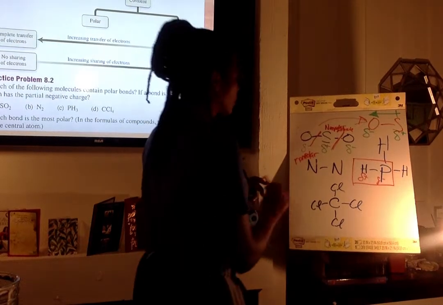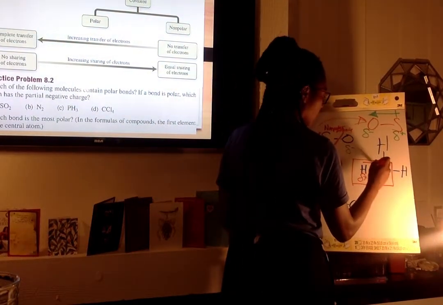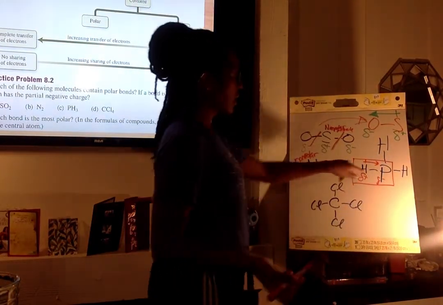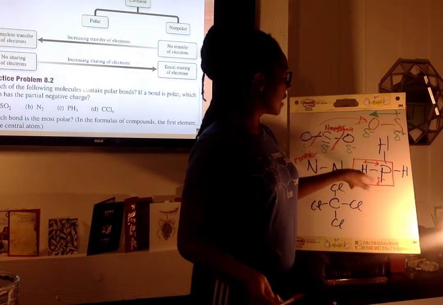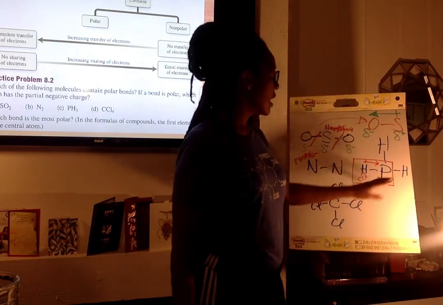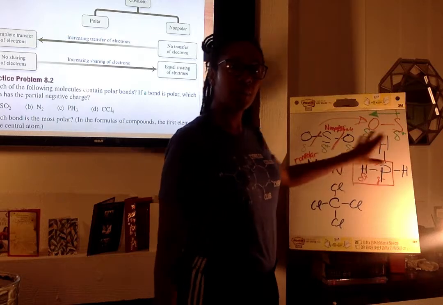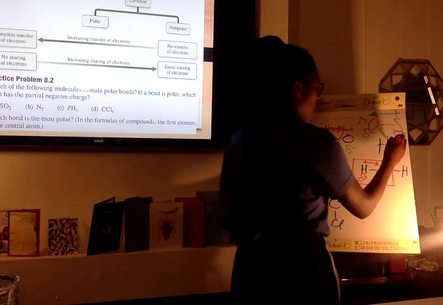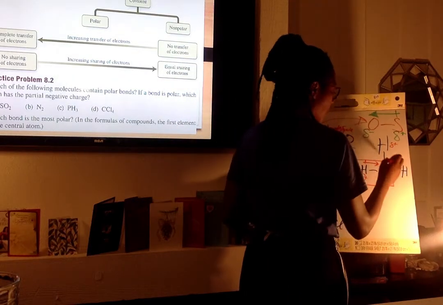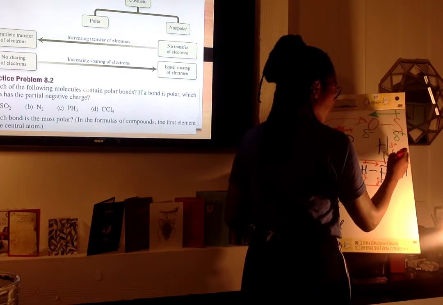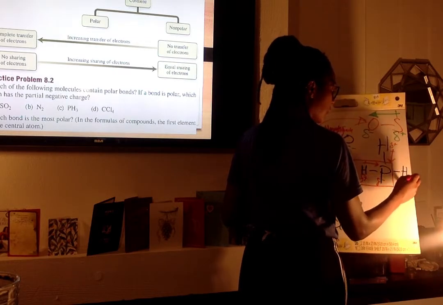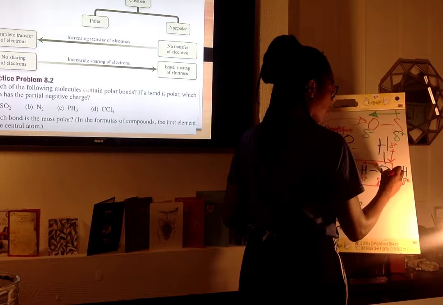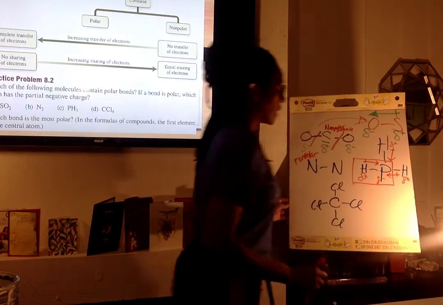So our arrow is going to be going in this direction. And since all of these bonds are the same, hydrogen and phosphorus, they're going to have the same pulls. So this is partial positive and our arrow goes in this direction, and this is also partial positive and our arrow goes in this direction.